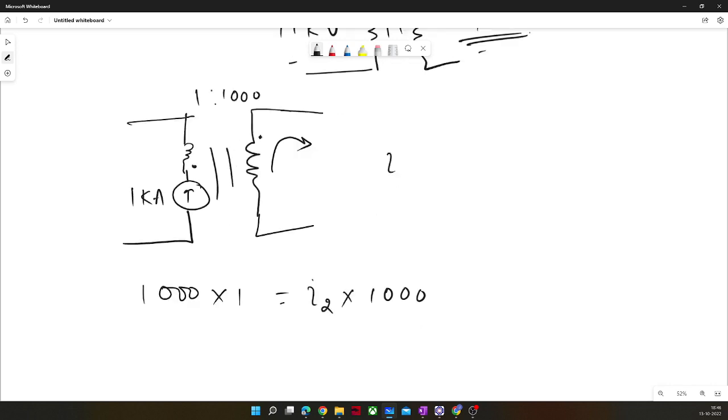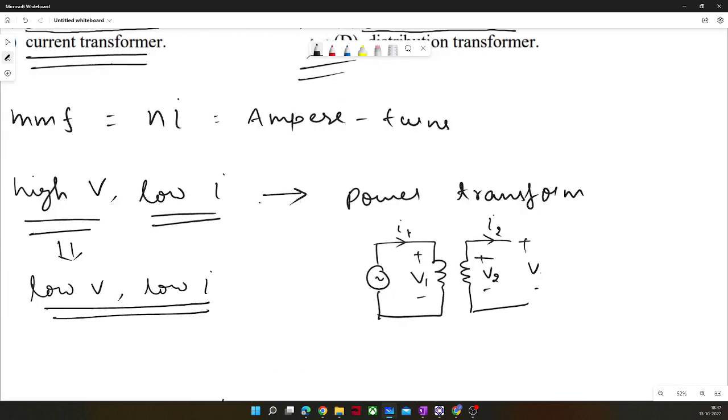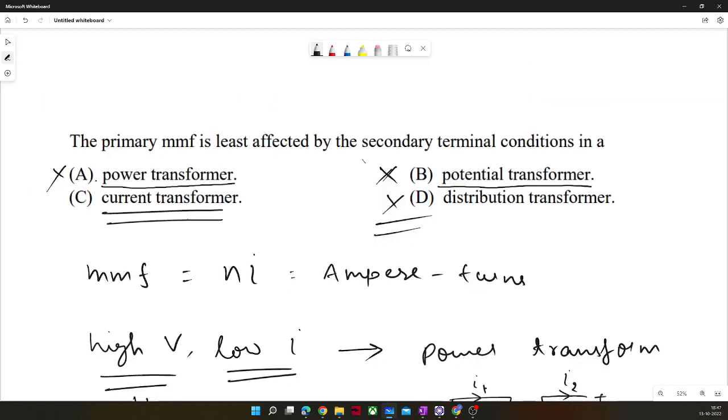So you will get current equal to 1 ampere at the secondary terminals. And because it is dependent on current only, it doesn't matter whatever the load will be, right? This load will get only that much current, whatever will be supplied from the primary side. So it will not get affected by the load. So we can write it here. So now you know that this one is least affected by secondary condition.